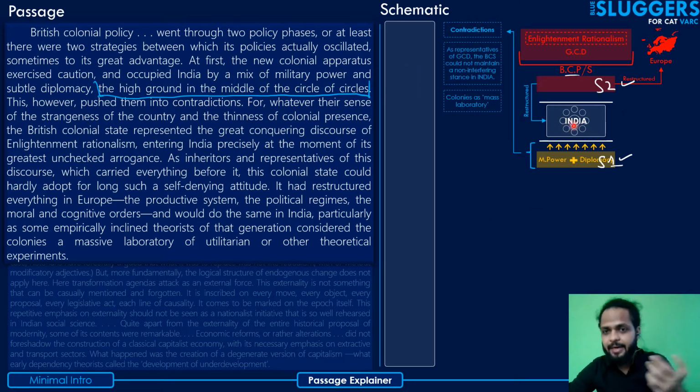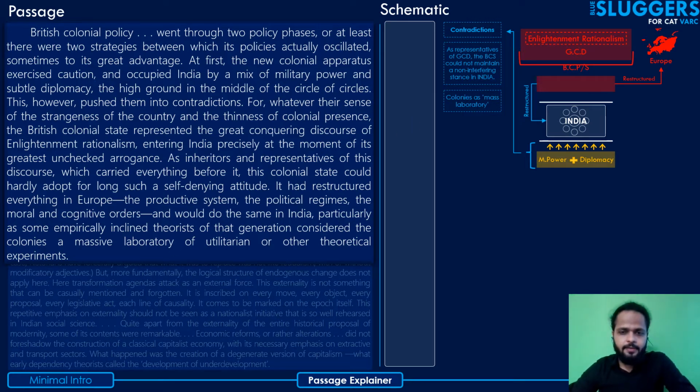Now coming back, as promised, let me explain what these lines mean. The line says the high ground in the middle of the circle of circles, right? We'll try to understand this now. Before I explain what the author meant by this line, especially the phrase the circle of circles, there are two things I'd like to note.